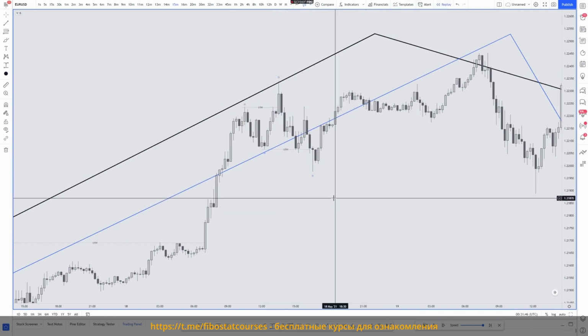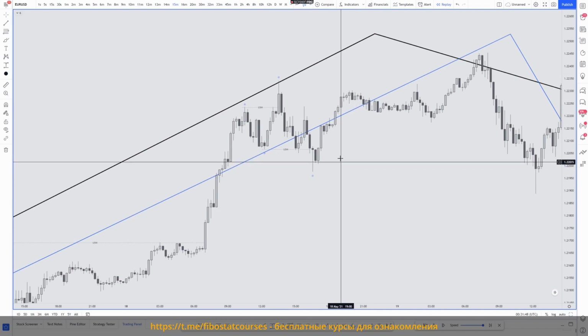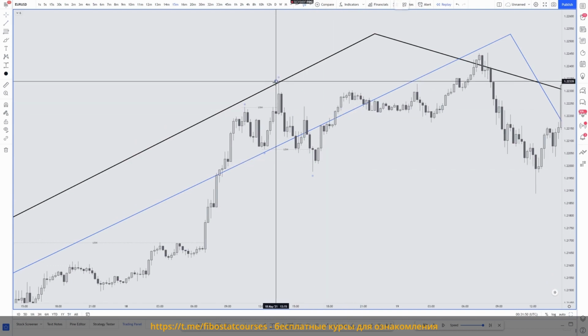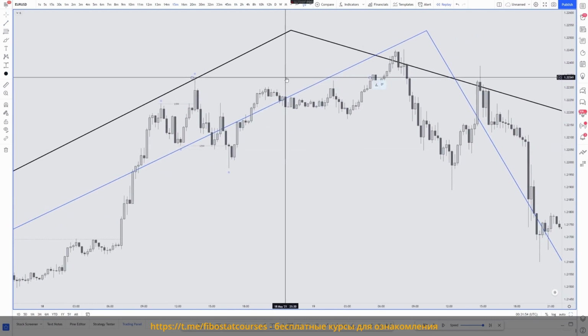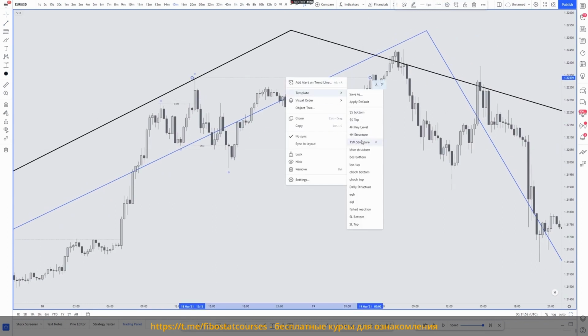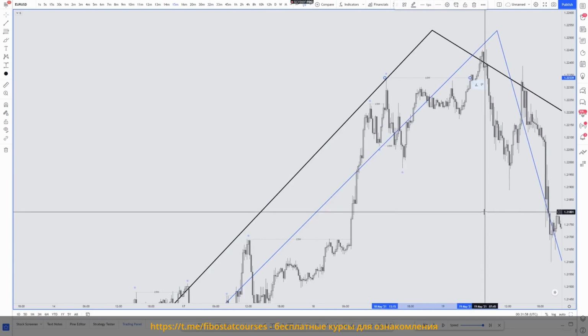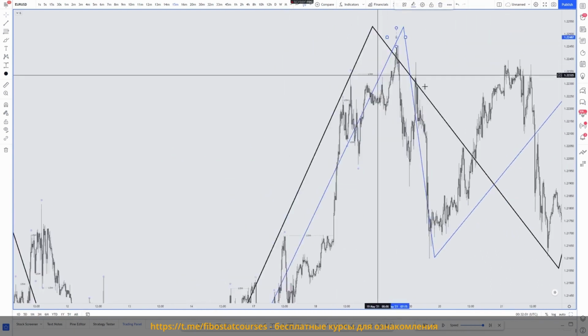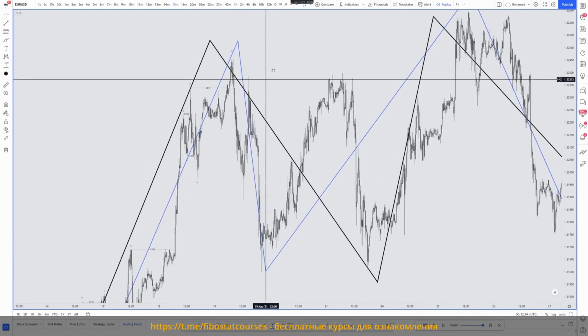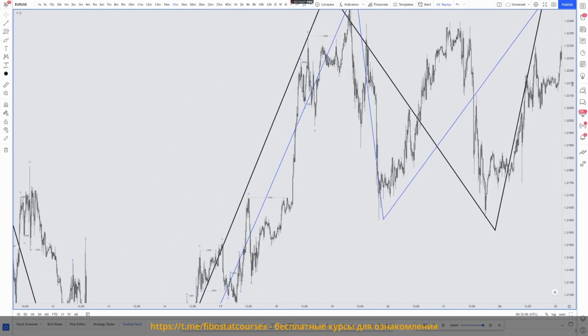So here we turn bearish, and here we once again turn bullish. Now, if we just zoom out for a sec, I believe this might be, no, not the peak yet.